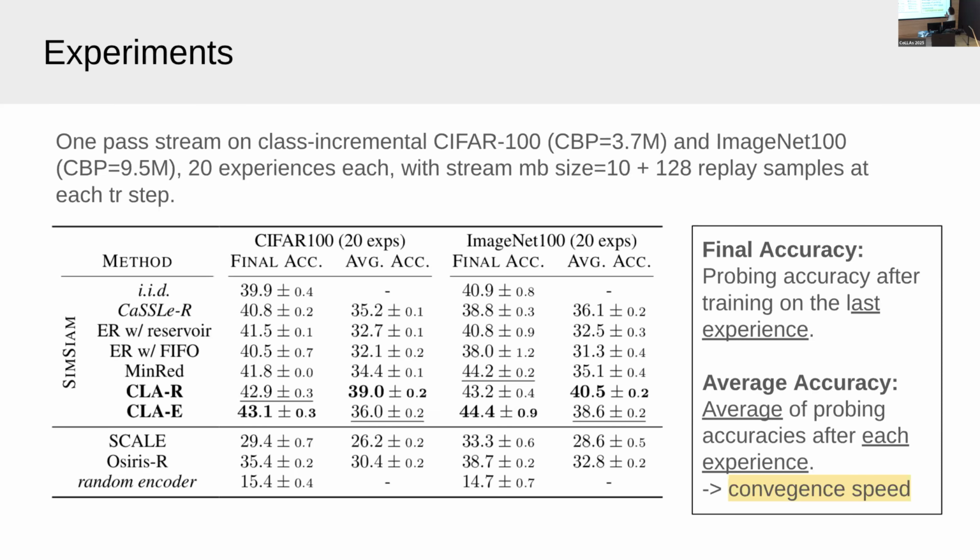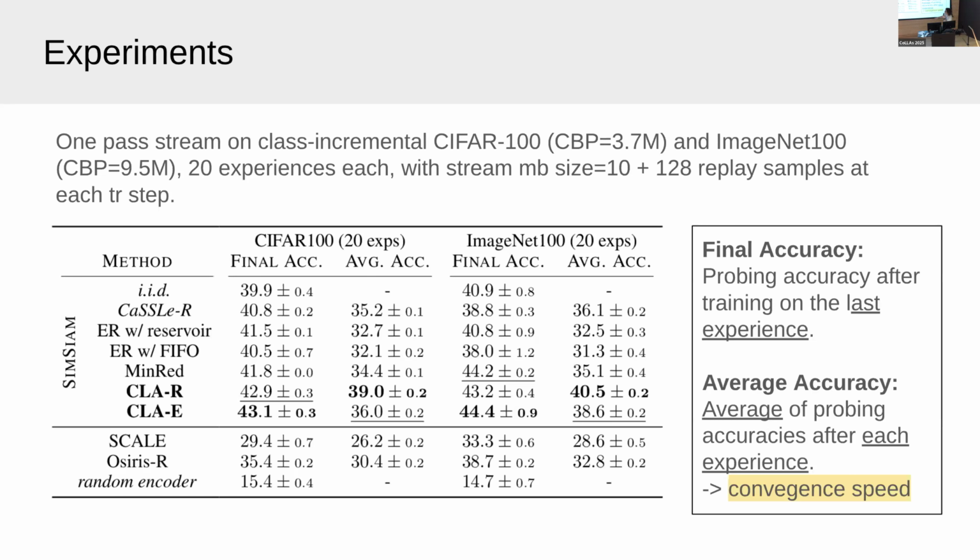And the other is average accuracy, which is the average of the accuracies each calculated at the end of each experience. This metric is important because it can also measure the speed of convergence, since you get an idea of how good the model is throughout the whole training stream. And of course, being in a self-supervised setting, we have no labels, so all the evaluation is done by linear probing.